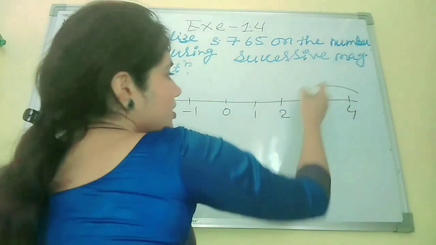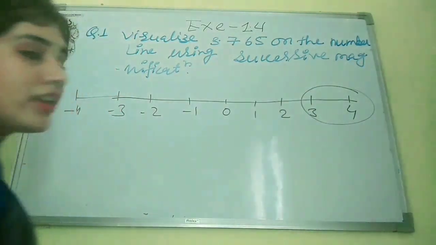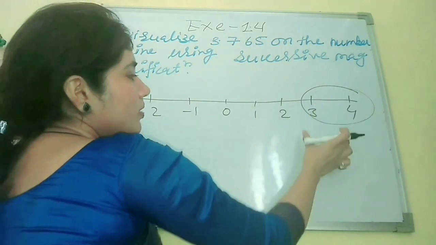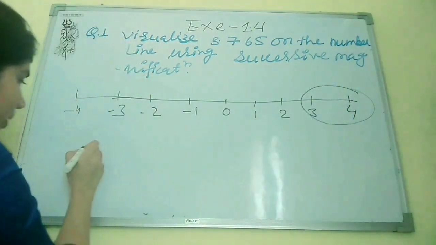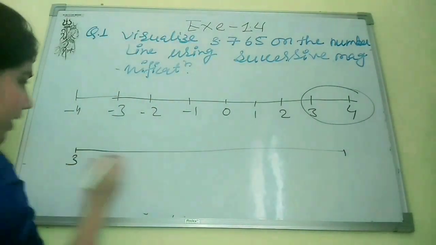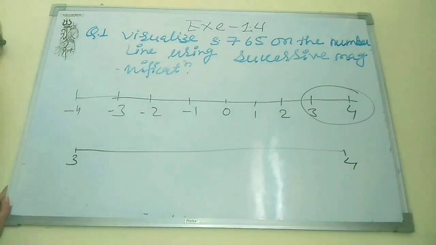But this is a small portion and we can't easily see it on the number line. So we draw another number line with this measurement, 3 and 4, and we divide it into 10 equal parts.